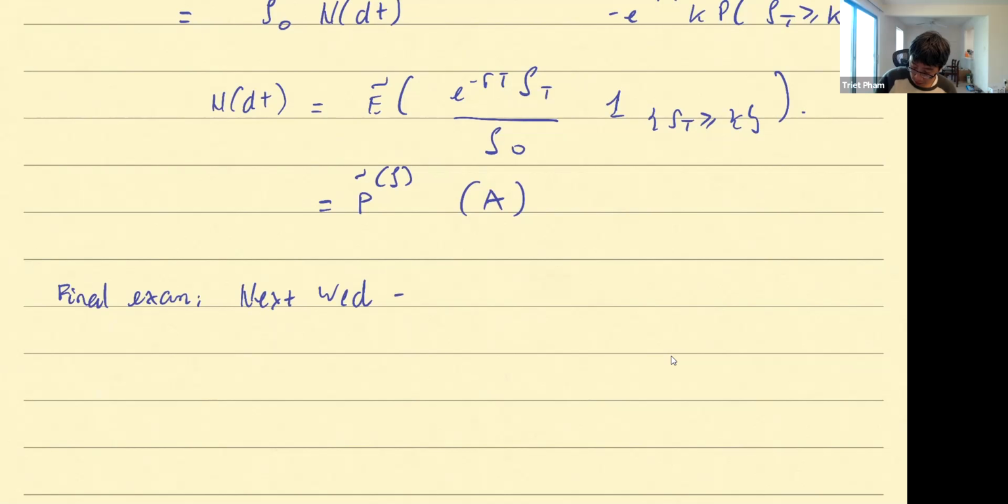Same format. Of course, you don't get a lecture from me, just the exam. So 3 hours. You don't have to use the whole 3 hours. If you finish early, you can just submit and be done with it. There'll be more questions than the midterms because it's the final. It's going to be cumulative.